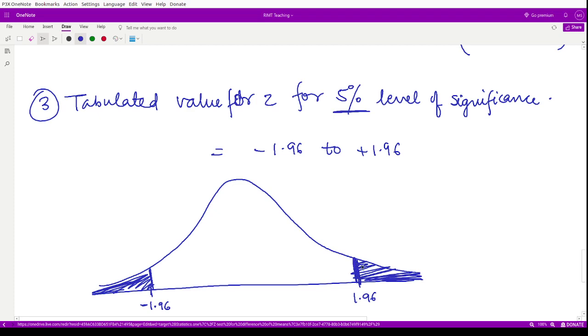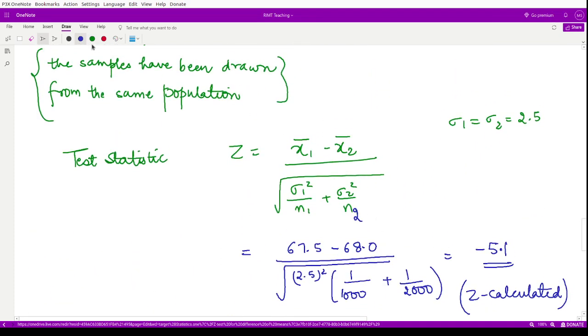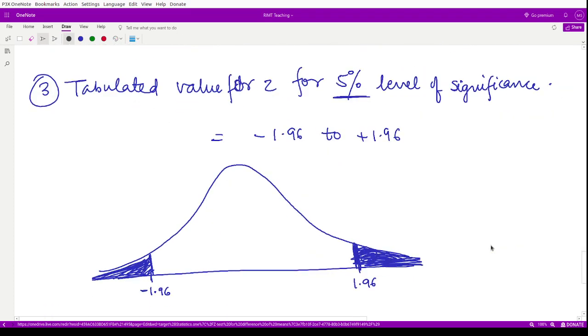For this critical region, now you will see your computed value. Now what is your computed value? You have obtained the computed value as minus 5.1. So minus 5.1 would lie somewhere here. So that means it is lying in the critical region, or the region of rejection.